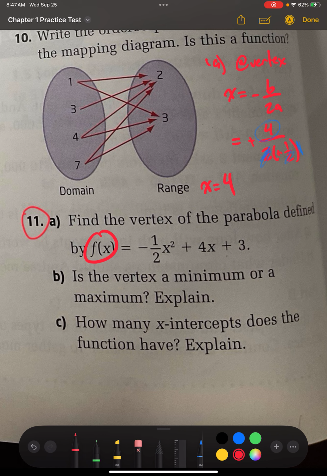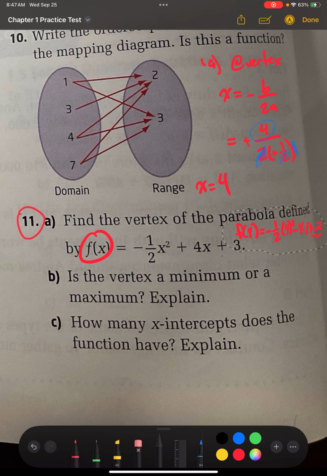We can say that f at 4, in other words, equals minus half times 4 squared plus 4 times 4 plus 3. And I ran out of space. Let's move this somewhere where there's some more space.